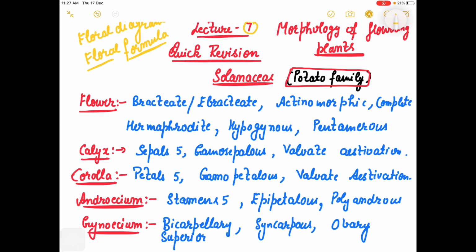Every single term we have already discussed. There is not even a single term I am using which we have not covered in our lectures. So that is the reason I'm starting with the flower.